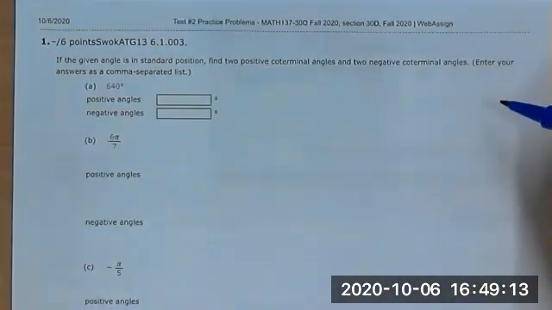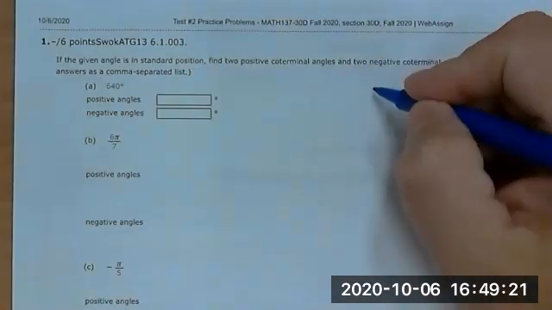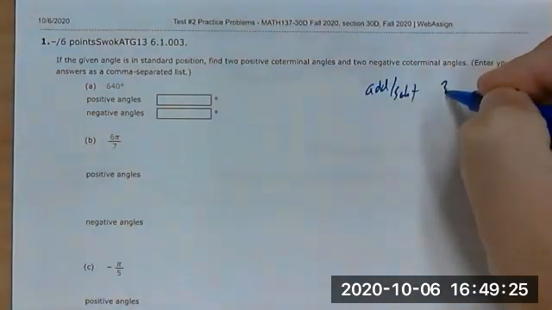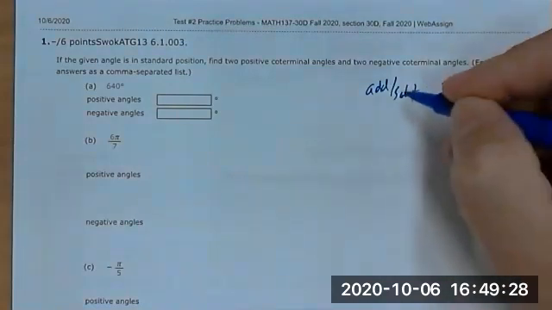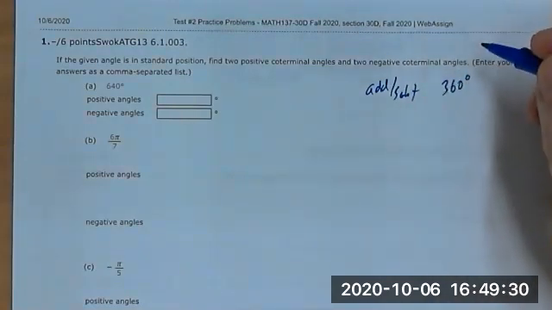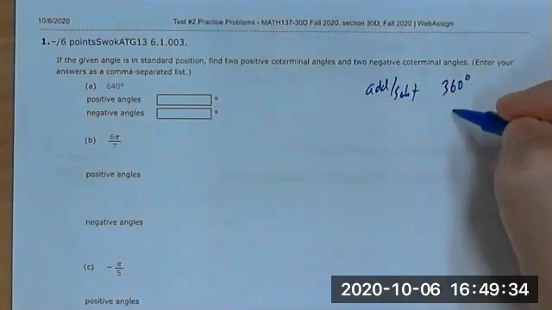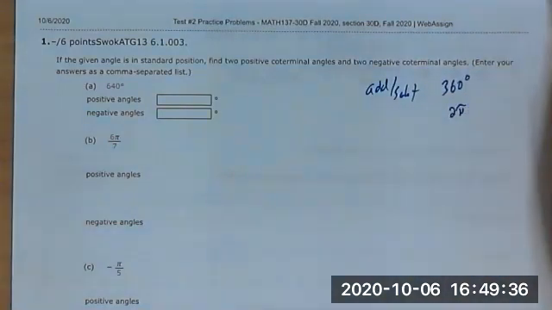The way you find coterminal angles is you either add or subtract. For degrees, you either add or subtract 360 degrees, because that's one trip all the way around the circle. If you're looking in radians, you add or subtract 2 pi.